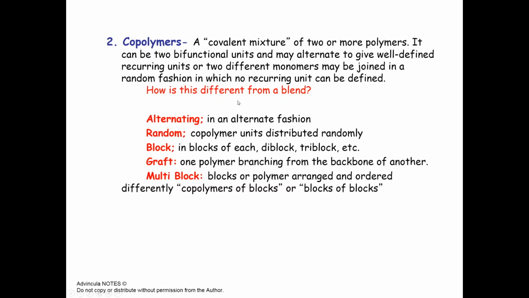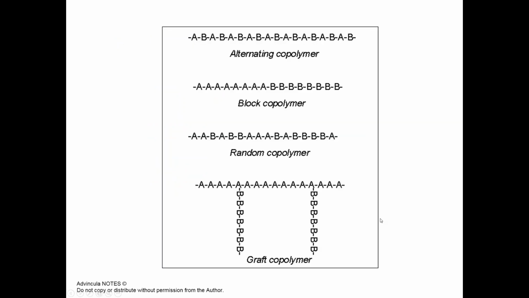So two or more monomers can alternate between A and B, or it can have a random distribution. It can form a block of A and B, or a graft of A to a backbone of B, or it can form multi-blocks. This has to be synthesized and connected covalently in order to call them a copolymer versus that of simple mixtures. And this is how they look.